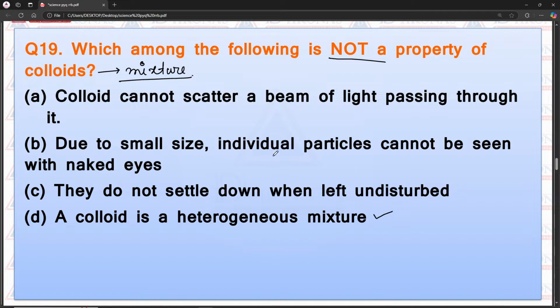Due to small size, individual particles cannot be seen with naked eyes. Definitely colloid particles को आप naked eyes से नहीं देख सकते. So option A, colloid cannot scatter a beam of light passing through it. No, it is not proper. Colloid can scatter a beam of light passing through it, which is also known as the Tyndall effect.